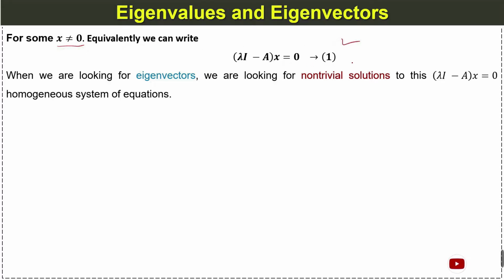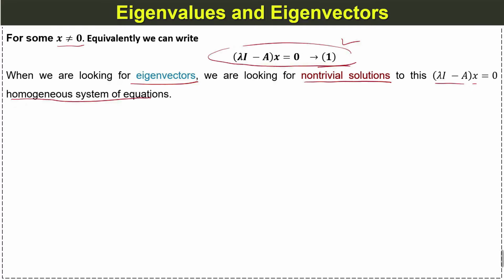Okay, so here this is our first equation. Okay, when we are looking for eigenvectors, we are looking for a non-trivial solution, meaning a non-zero solution, to this equation. Okay, so this equation is our homogeneous system of equations.